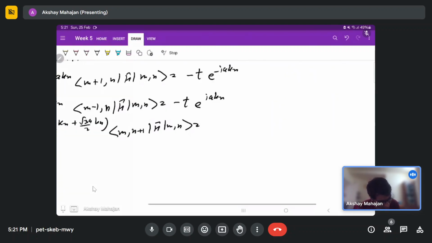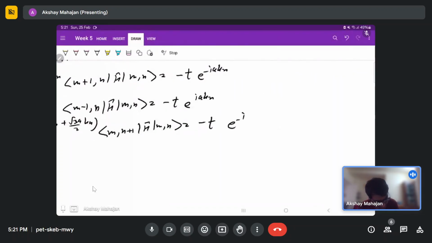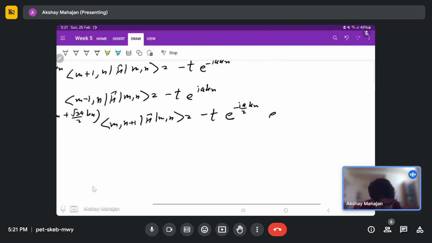So I can write it as minus t times e to the power minus iota a by 2 kx, and e to the power minus iota root 3 a by 2 ky. I will just separate them.